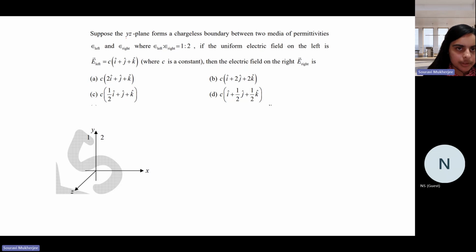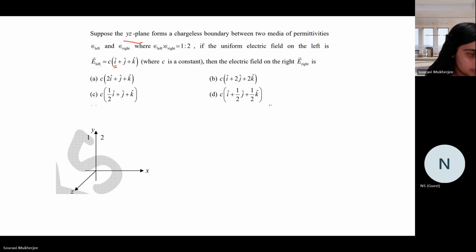What is the normal to the YZ plane? The normal to the YZ plane is X, right? So if you just look at the X component, the X component of E left into epsilon left should be equal to epsilon right into the X component of E right.